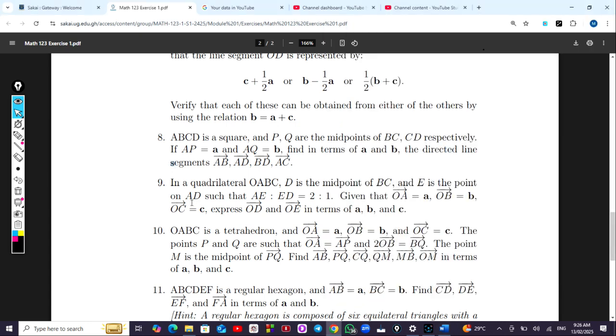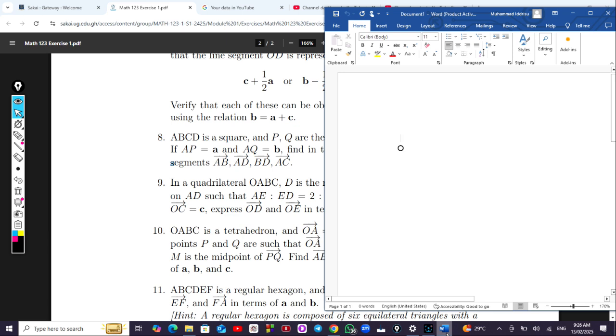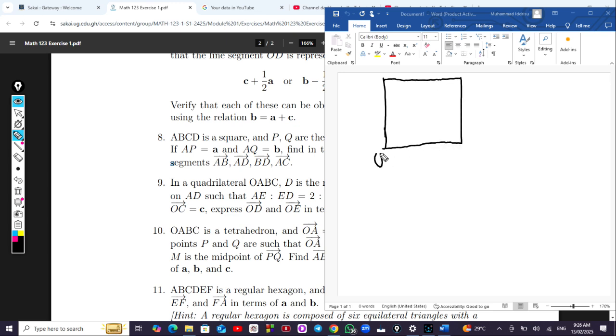So the question reads, in a quadrilateral OABC, so let's just be drawing it. So I have a quadrilateral, a four-sided figure, OABC.